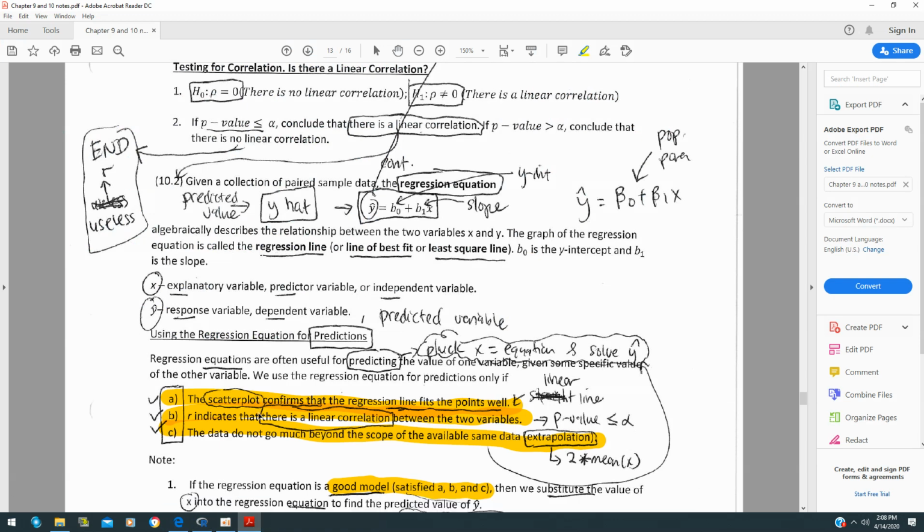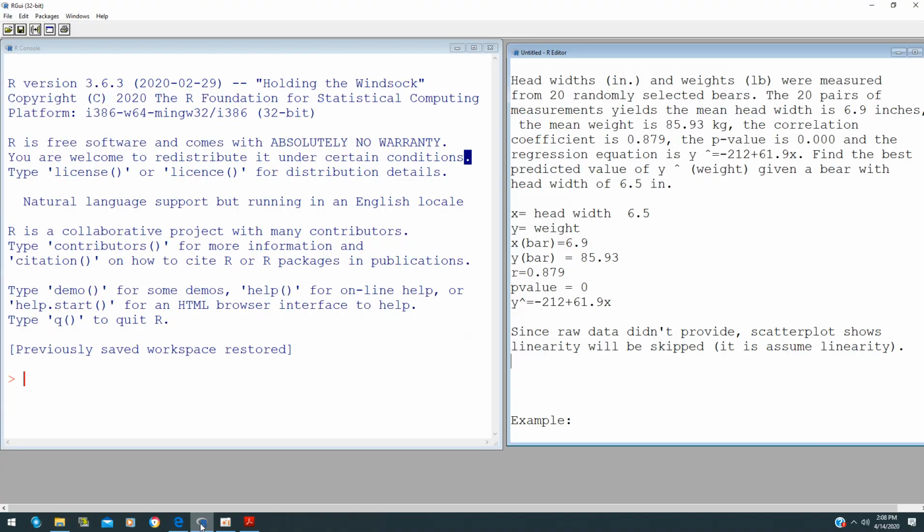The second step says that your r indicates there is a linear correlation. How do we figure out if there's a linear correlation? Your p-value is less than or equal to alpha. Step 1 was the scatter plot. Step 2 is you want to figure out that your p-value is less than or equal to alpha. The p-value in this case is 0.0, actually 0.